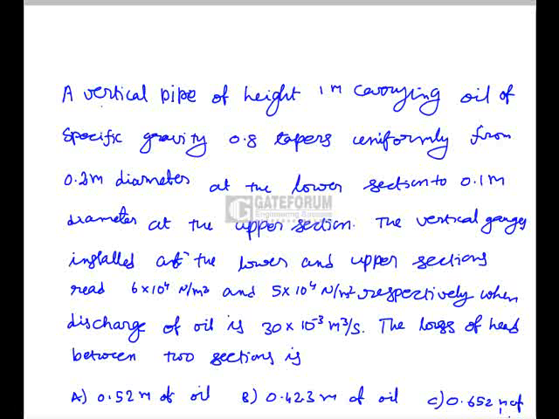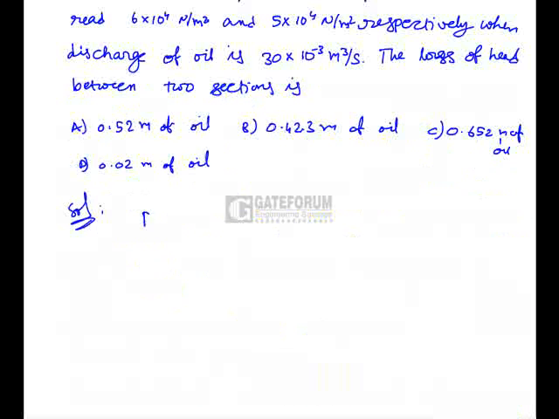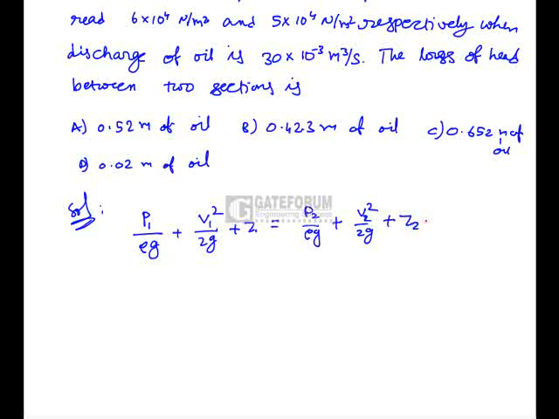Let us say the lower section has suffix 1 and the upper section suffix 2. Bernoulli's equation is given by P1/ρg + V1²/2g + Z1 = P2/ρg + V2²/2g + Z2 + head loss.